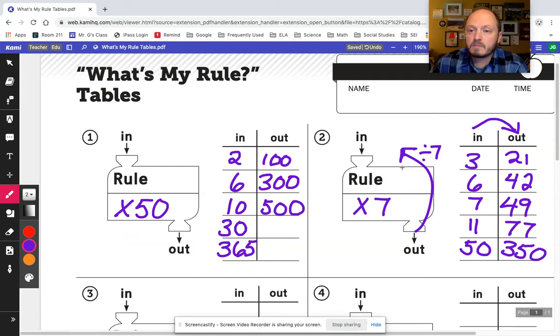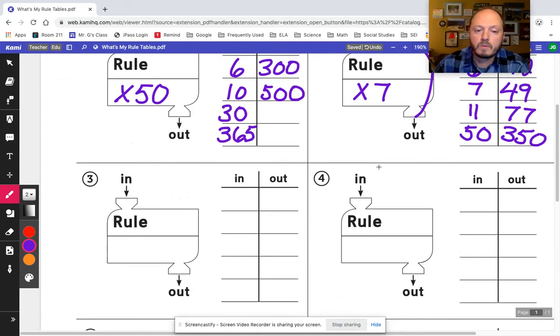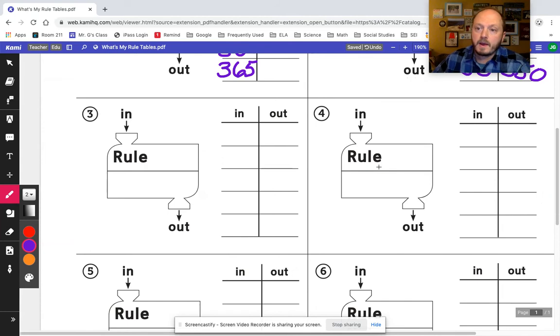So there might be some number tables where we don't actually have the rule. The rule is something that is a bit of a mystery. And let's say, for example, we're sticking with one operation. I'm going to keep it simple, right? Let's just say, for example, we had something like 3 becomes 12. Would we be able to figure out the rule just from that alone?